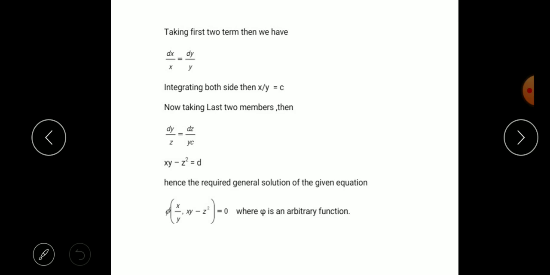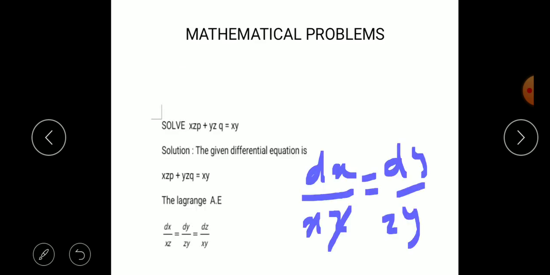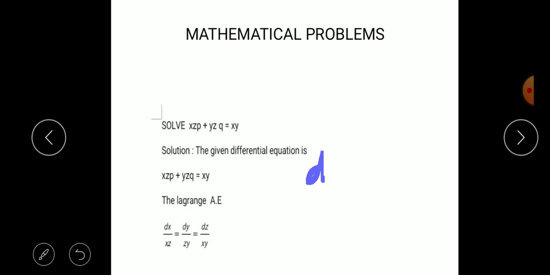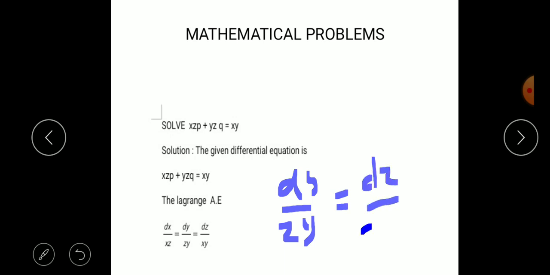So look at here, the last two terms are dy upon zy and dz upon xy.